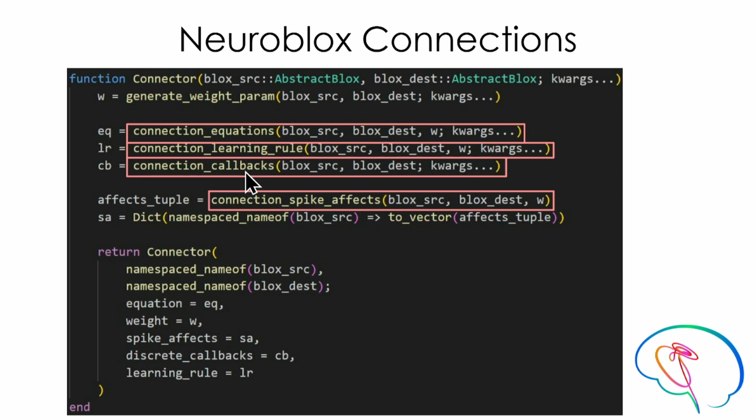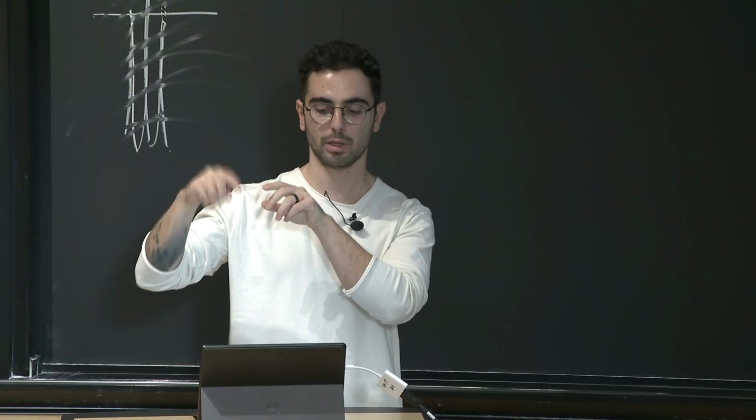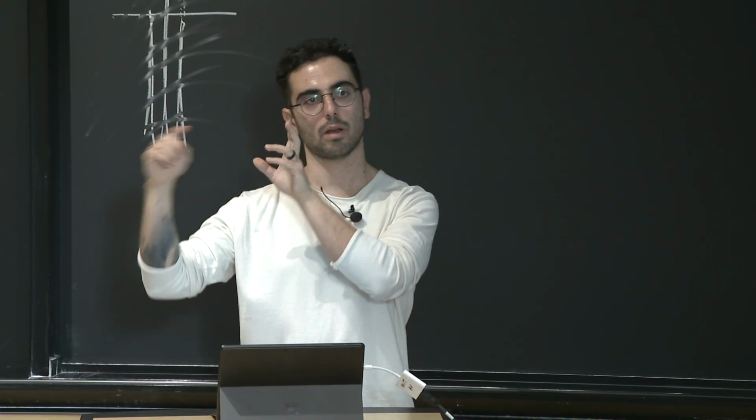Connection callbacks can be any callbacks that you would like to add to the connection. We left this blank for anything that you want to add. But there are connection spike effects, which are specific callbacks that apply to spiking. We have these separated for convenience, because you will see that connection spike effects are easier to write.